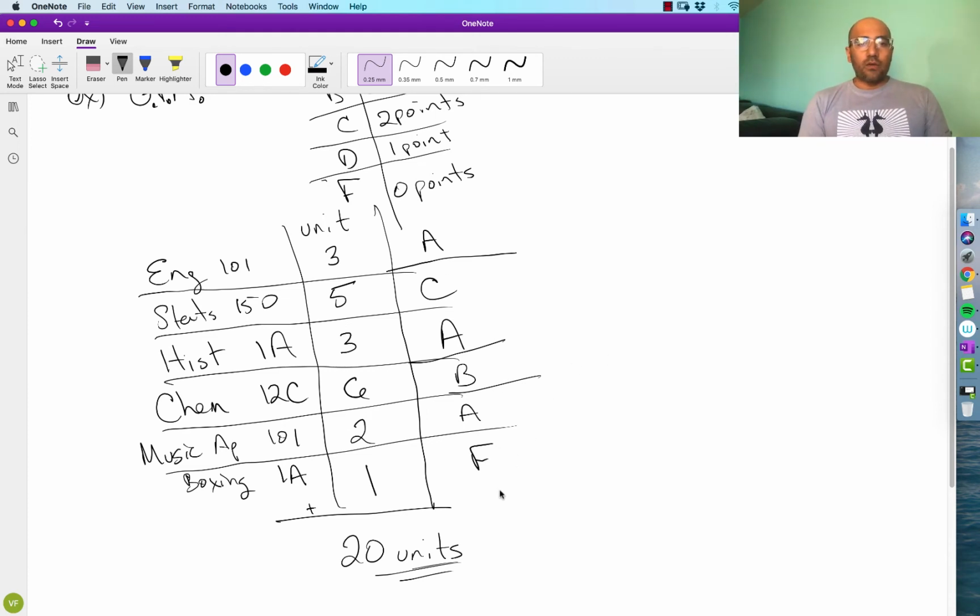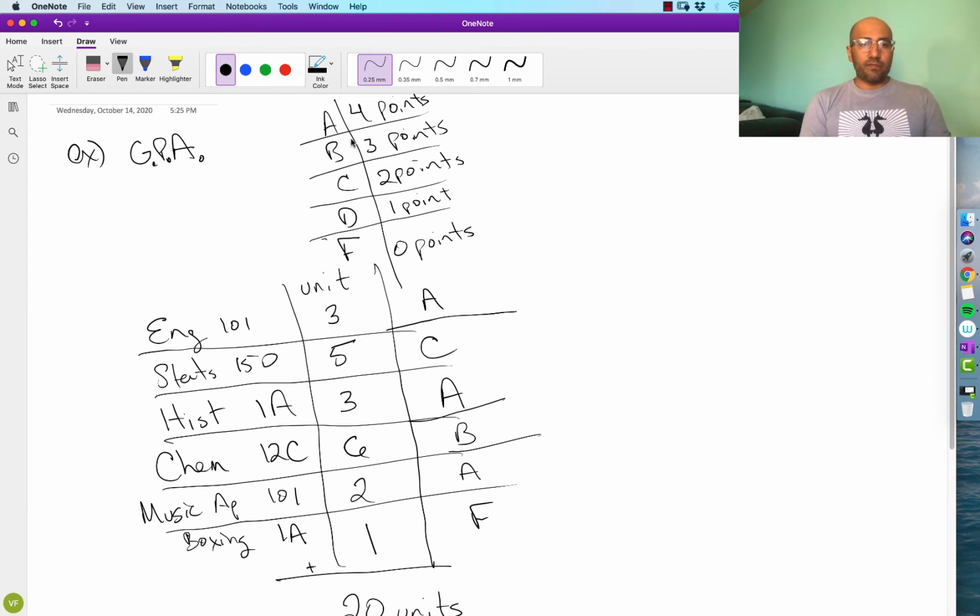Okay, so let's calculate the grade point average. So first of all, the first thing you have to do is use your table to convert each one of these letter grades into a point. So this is going to be A's are worth 4 points, C's are worth 2, A's are worth 4, B's are worth 3, A is worth 4, and an F is worth 0.